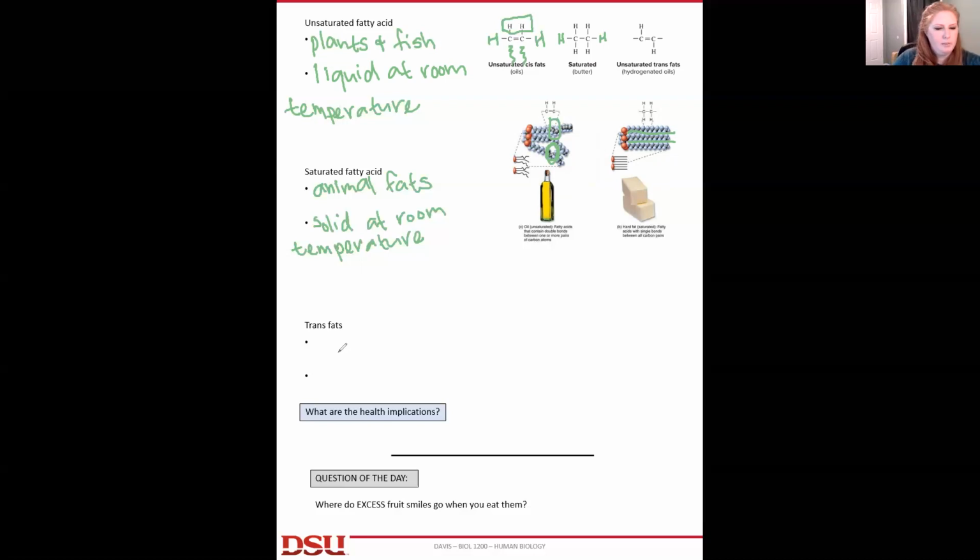Then we have something called trans fats, and these are not health friendly. Trans fats are artificially created, so they're essentially oils, like a vegetable oil that has been artificially hydrogenated. I'll explain that.